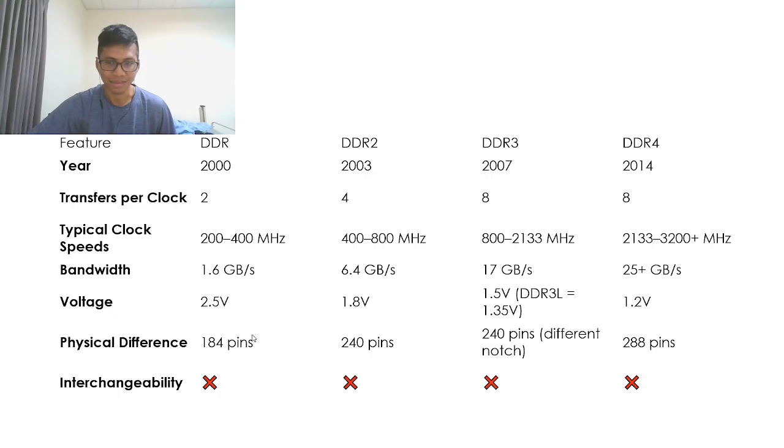They also have, again, more bandwidth, less power, and better efficiency. Basically, an upgrade for every generation. And it needs to be remembered that each DDR generation is not backward compatible. It means they have different pin counts and voltages.